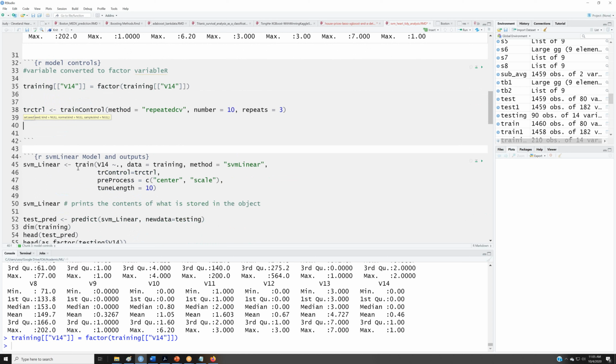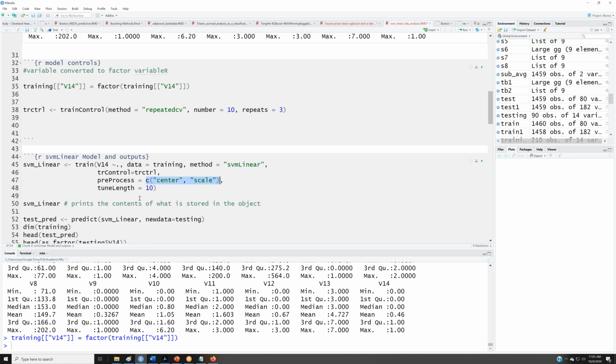Now I use this train, which is a function. That's what is called. Train is a function, but I'm going to call it as SVM linear. The method is SVM linear. Train control is the control that's coming from here. Pre-process center scale, that is another thing I want to talk to you about.